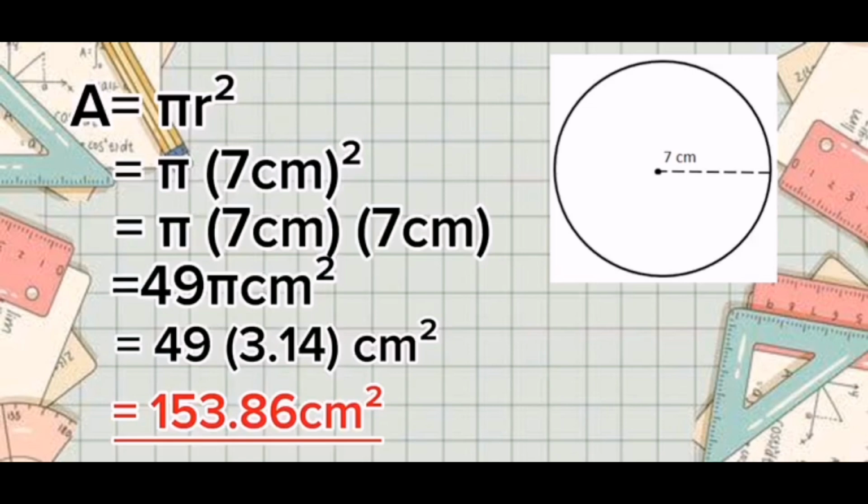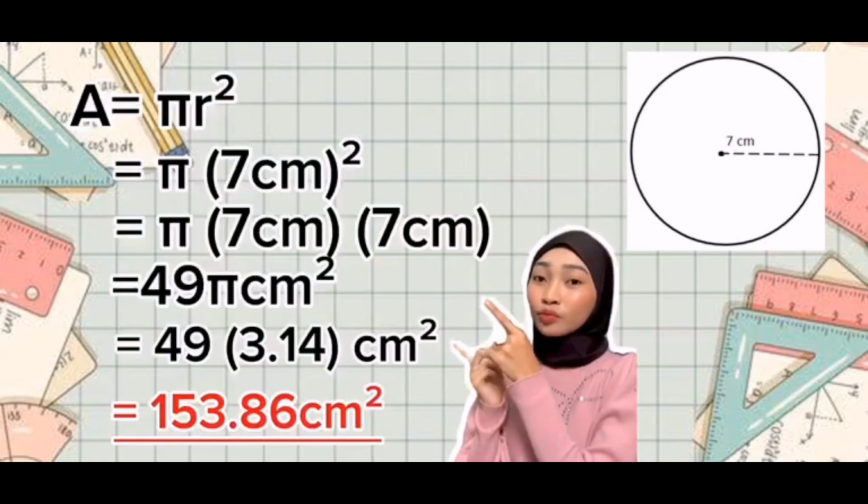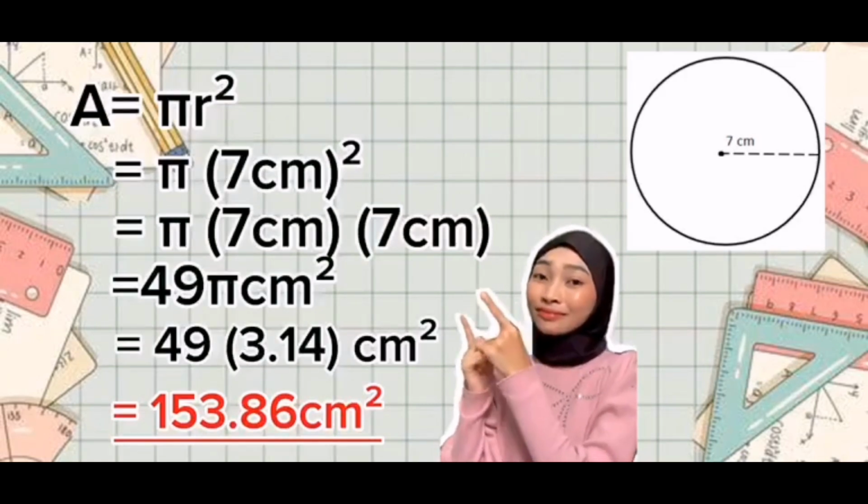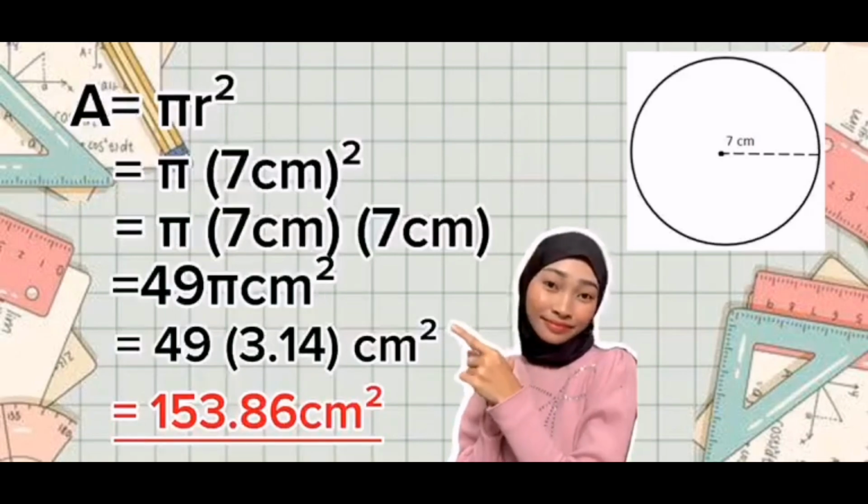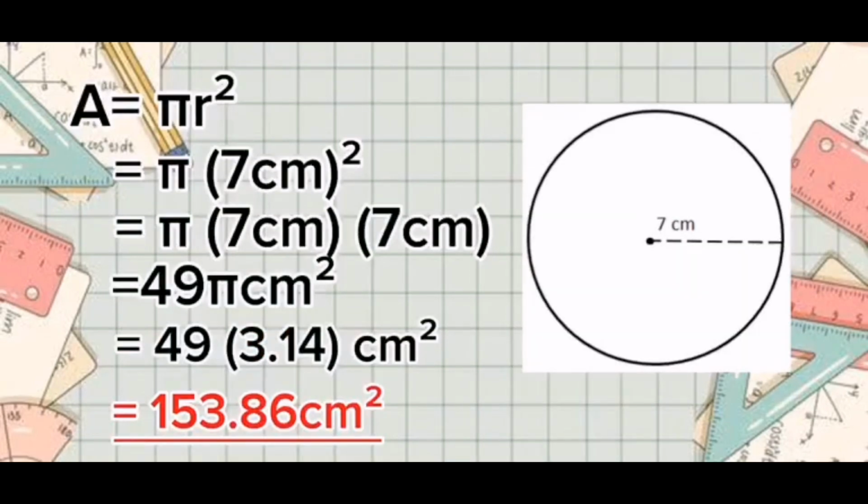And that's an approximate area. So that gave us an approximate area in decimal form, in comparison to this area over here, which we wrote in terms of pi. So there's how we calculate the area of a circle given the radius.